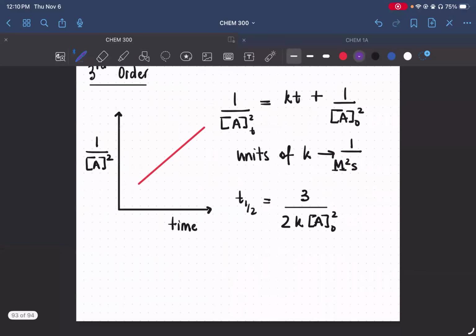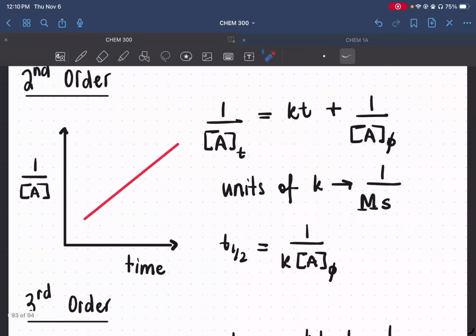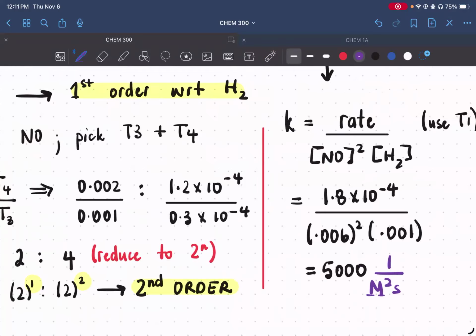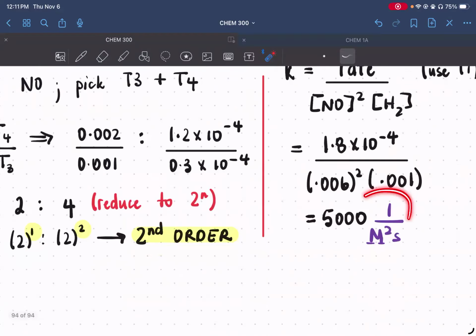And according to our graph, the units of a third order K is 1 over M squared s. How did we get that value? We said that the overall order is the sum of the individual orders. So the equation is overall third order, so we use the units for a third order reaction.